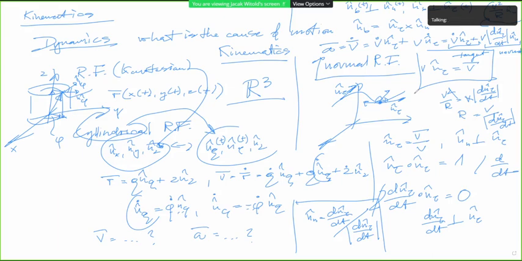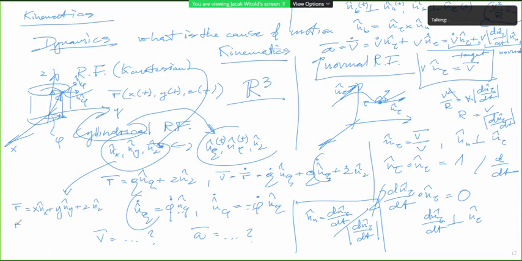However, when you consider a complex symmetry motion, such as motion over a circle or over a spiral trajectory, in the standard Cartesian reference frame the position vector is a linear combination. Here is just an alternate way of denoting this one. It's x n_x plus y n_y plus z n_z.